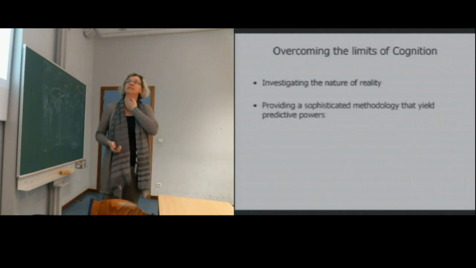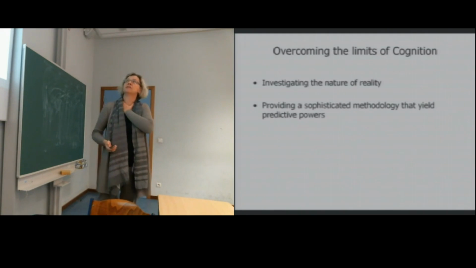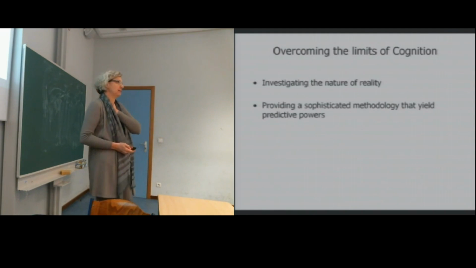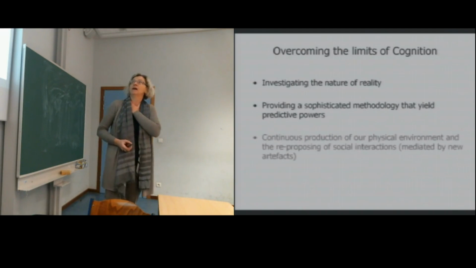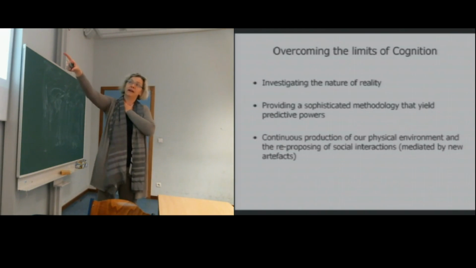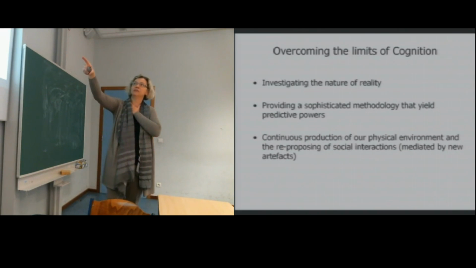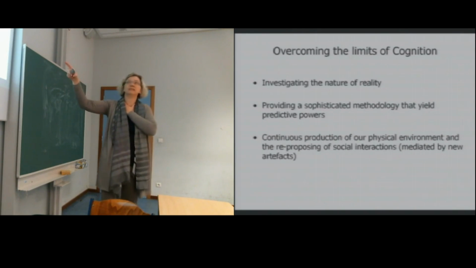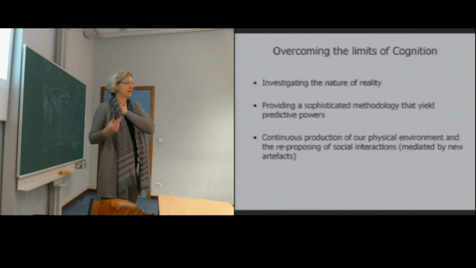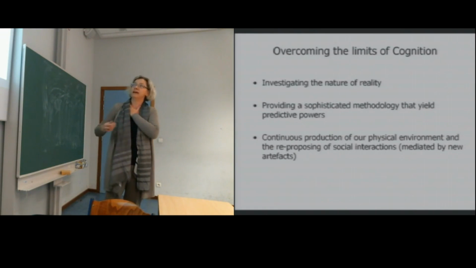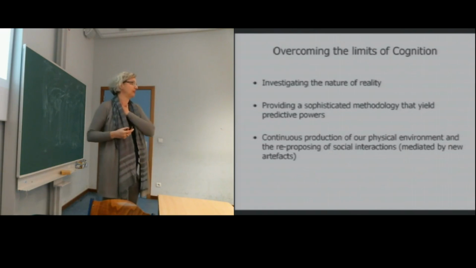A different description, which is less strong, is that it provides a sophisticated methodology that yields predictive powers. And what I am talking about is the continuous production of our physical environment and reproposing of social relations, which is something that we continuously do, mediating them through new artifacts.